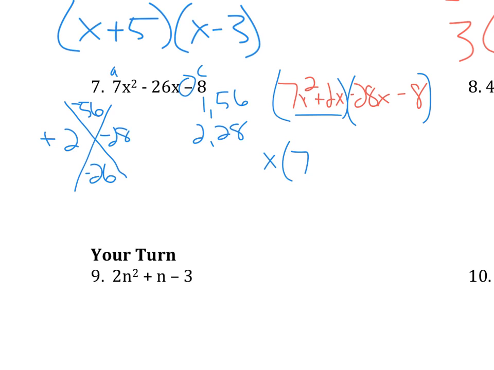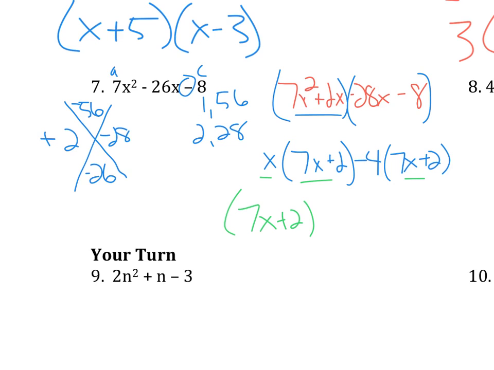That leaves us with 7x plus 2. Here we have that negative that we're going to pull out. And then we have a 4 in common. And that leaves us with 7x plus 2. Then we have 7x plus 2 in common. So I pull that out. And we're left with an x and then a minus 4.